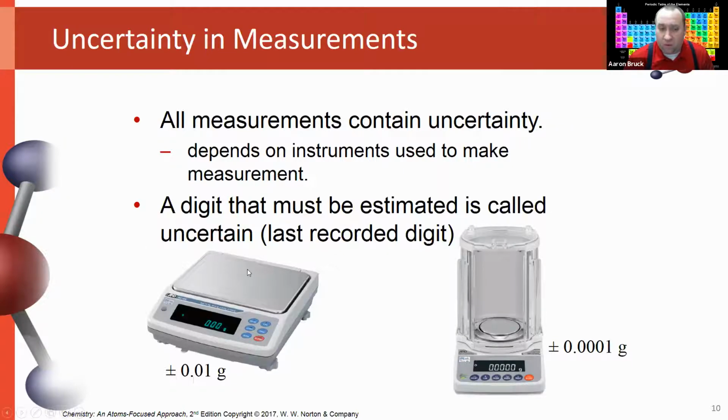Now, the primary difference here, if I look at these balances versus these ones, and we have both of these kinds of balances in our labs, this one gives us an uncertain digit in the 1/100ths place. So 1/100th of a gram uncertainty, which isn't too bad, all things considered, versus 1/10,000th of a gram of uncertainty.